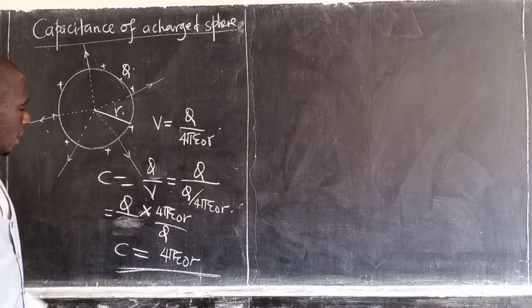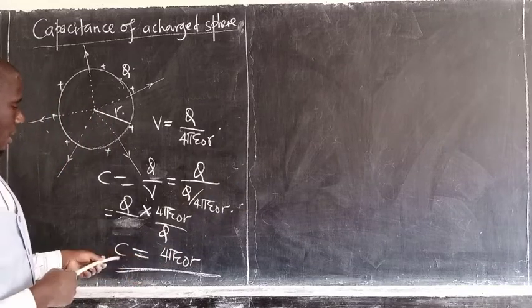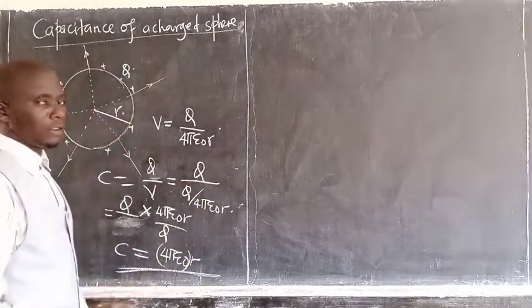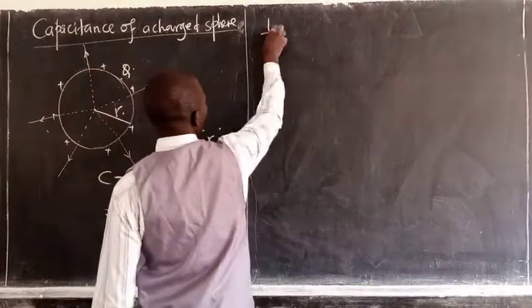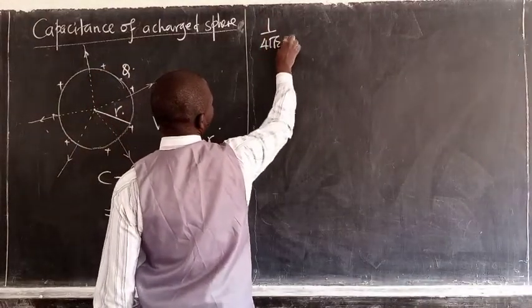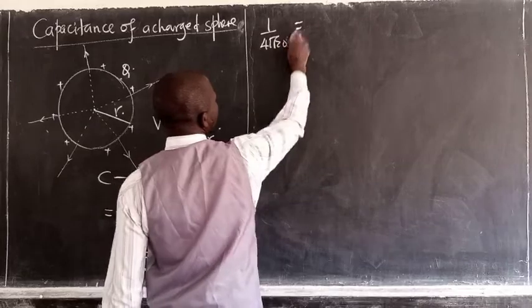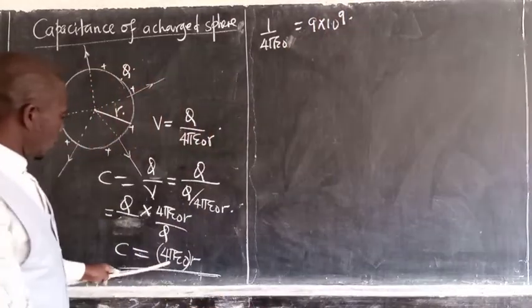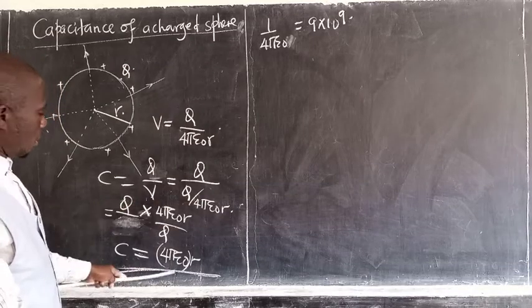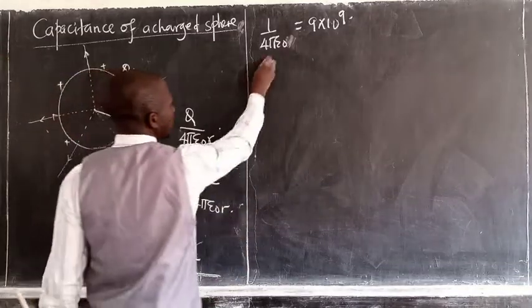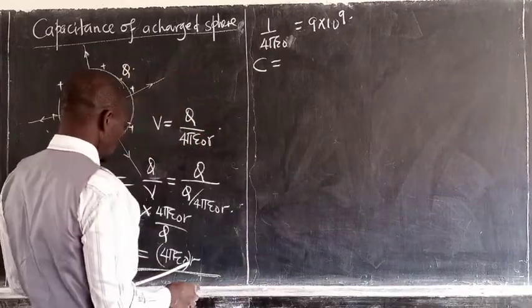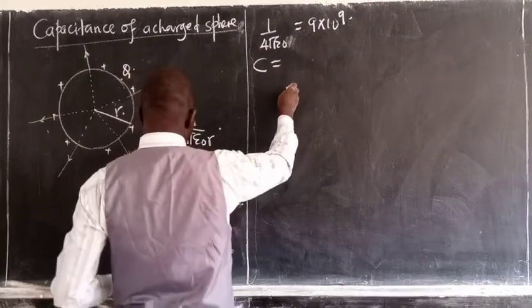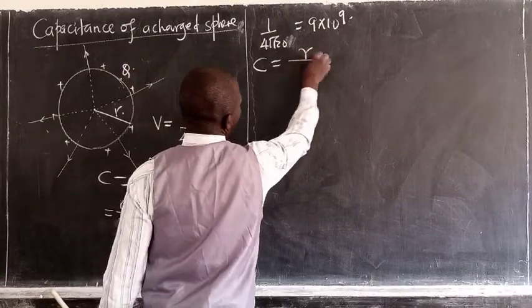So you realize that the bigger the radius, the bigger the capacitance. By the way, from the previous lesson, we had that 1 over 4 pi epsilon naught is 9 times 10 to the power 9. So we take its reciprocal, and we shall have our capacitance equivalent to 1 over that, then the r will be on top.